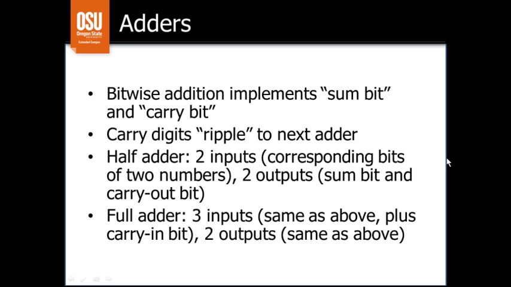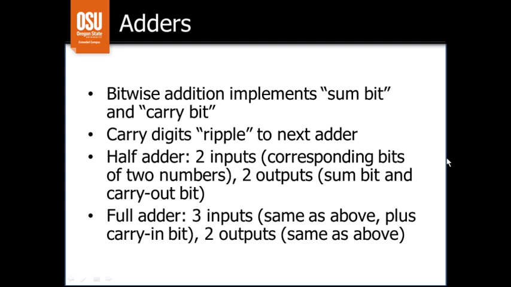In order to implement addition, as for example in the arithmetic and logic unit, what we have to do is develop a circuit that will take the corresponding bits of two numbers, add those bits, and produce a sum bit and a carry bit. The carry bits then have to move over to the next digit in the result register, and so the addition is going to have to be able to handle 3 inputs and produce a sum bit and a carry bit.